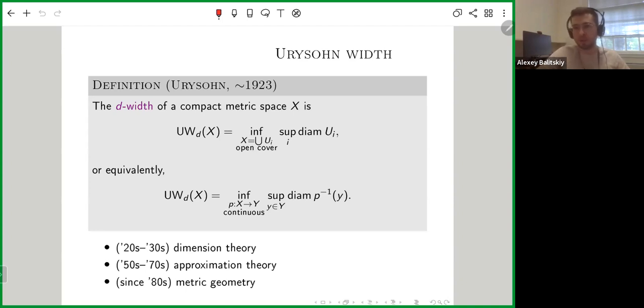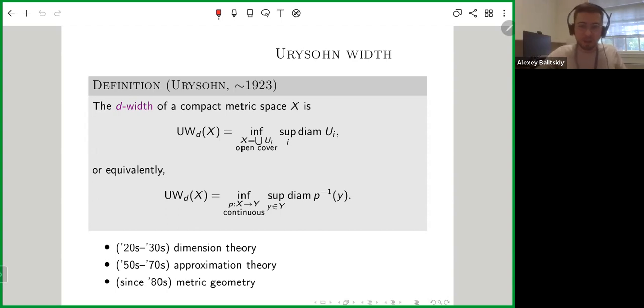There is a book of Tikhomirov on approximation theory, which only exists in Russian, I'm sorry, but it actually covers a lot of invariants of similar flavor, which is not just the Urysohn width, but other widths as well: Bernstein width, Kolmogorov width, many other types of width. But they're all basically motivated by approximating your space by something of lower dimension to an extent.